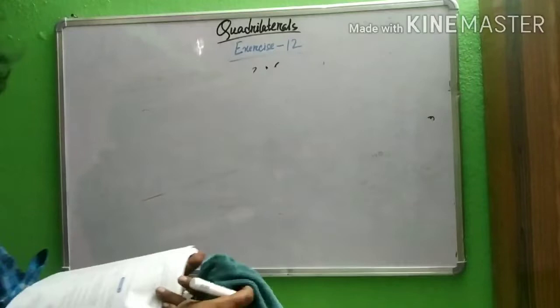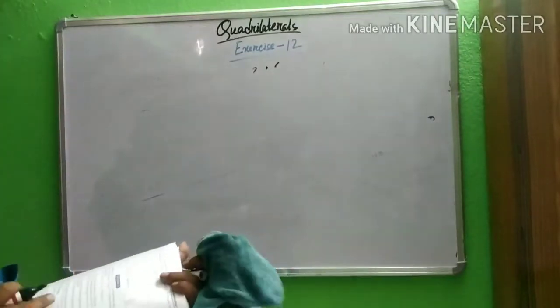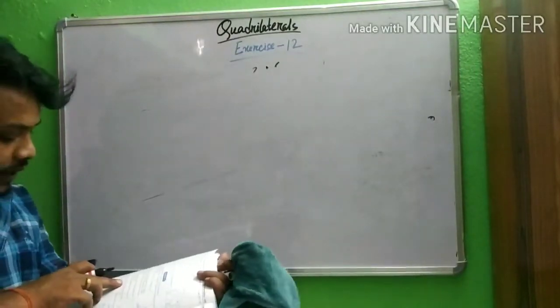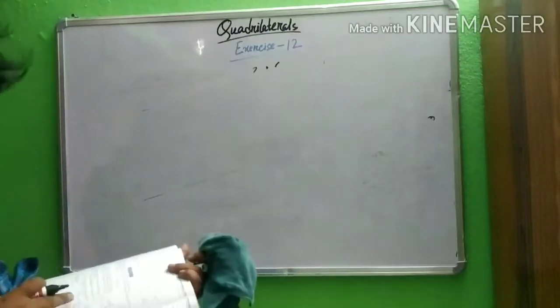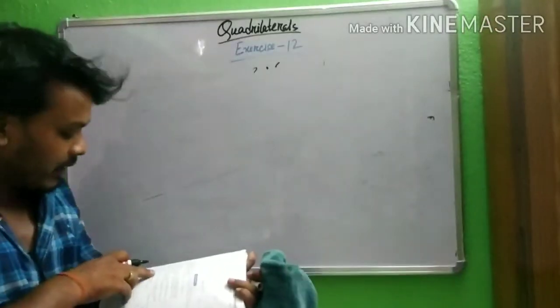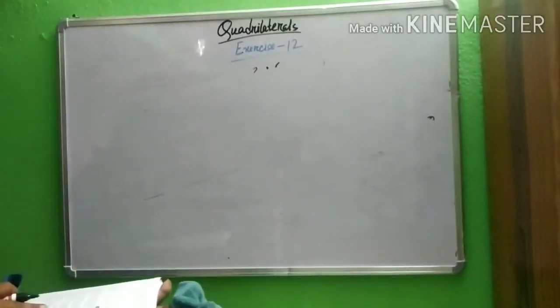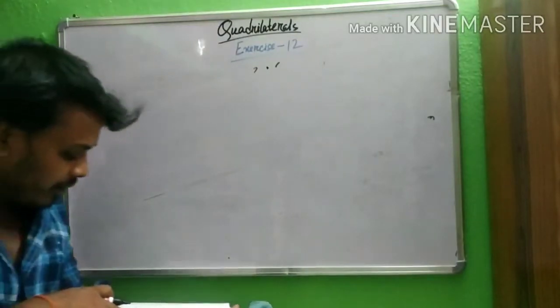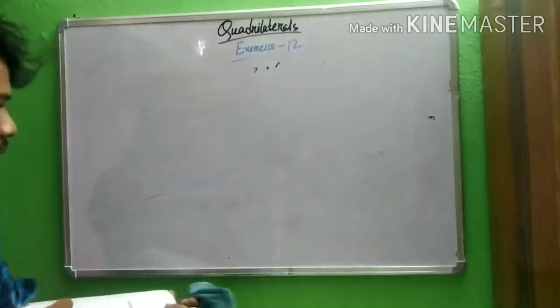Next one is: ABCD is a quadrilateral. AO and BO are the angle bisectors of A and B and meet at O. If angle C equals 70 degrees and angle D equals 50 degrees, find AOB.